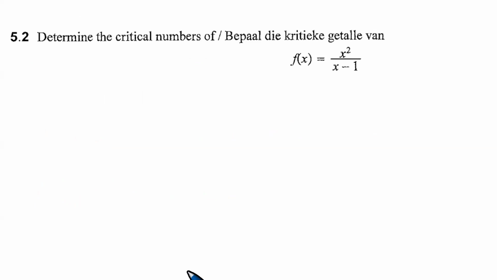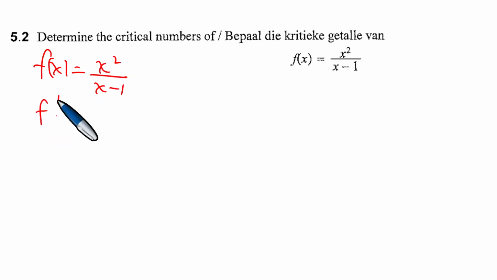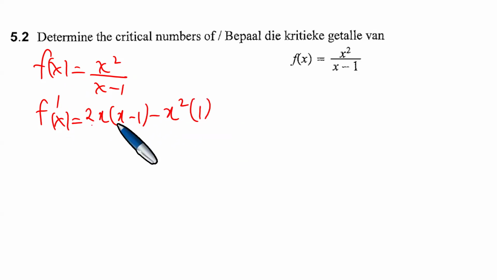Determine the critical numbers of f of x. Let's do this one. What is f prime? Derivative of x squared is 2x. Derivative of the top is 1.